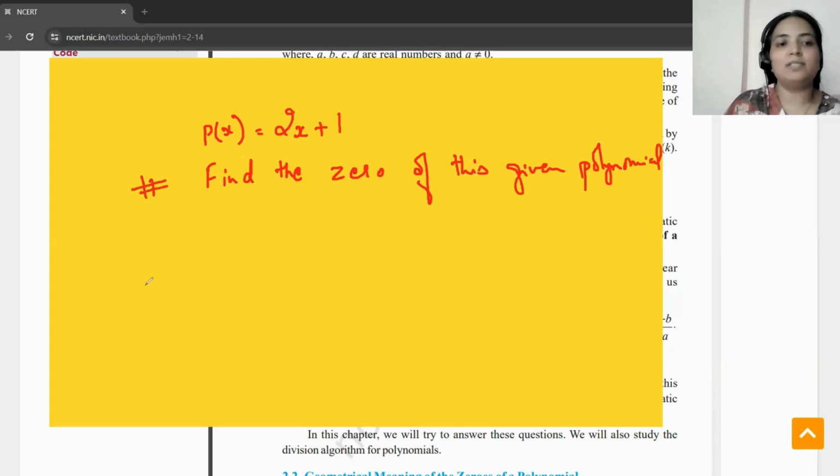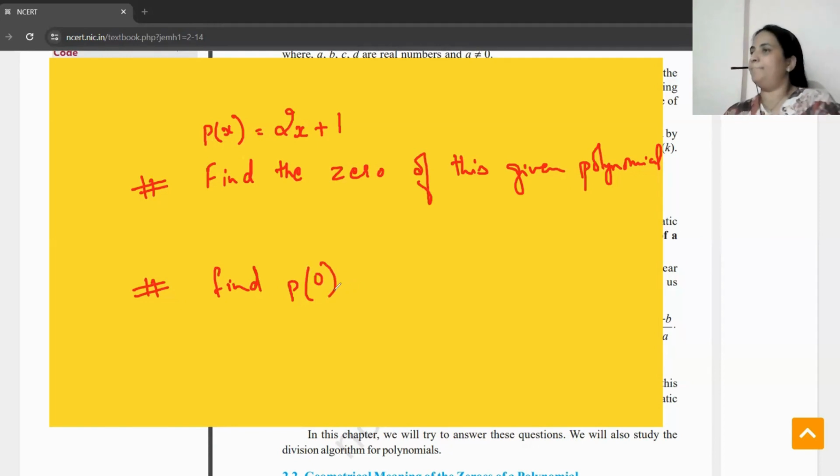Another question that I'm asking you from here is, find the zero of the given polynomial and find this. Are these two things different? I want to hear it from you. From the ninth grade memory, scratch it out again and tell me if these two things are different. Finding the zero of a polynomial and finding that polynomial of zero, is it the same or different?